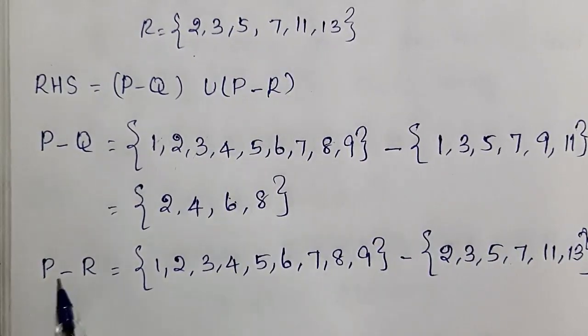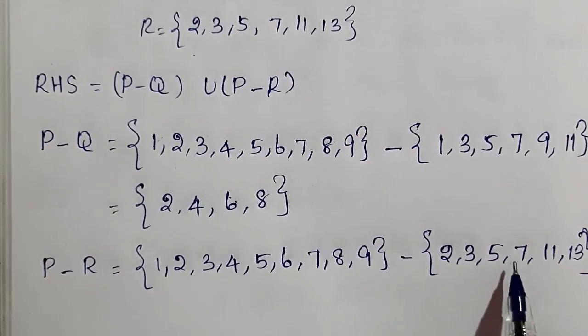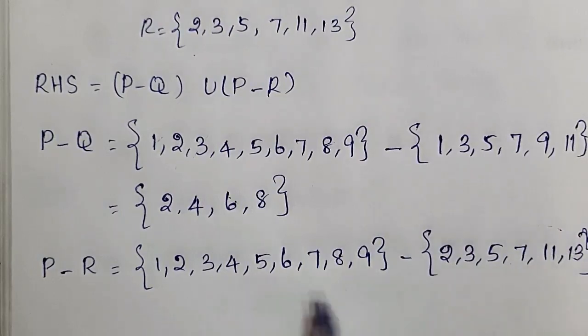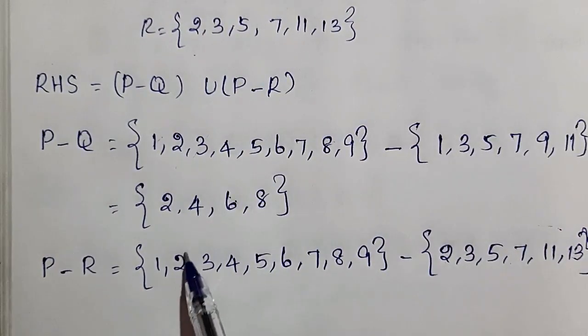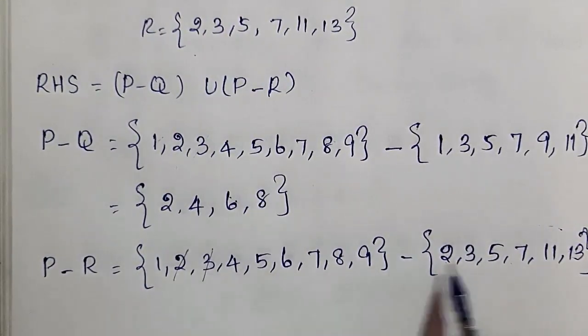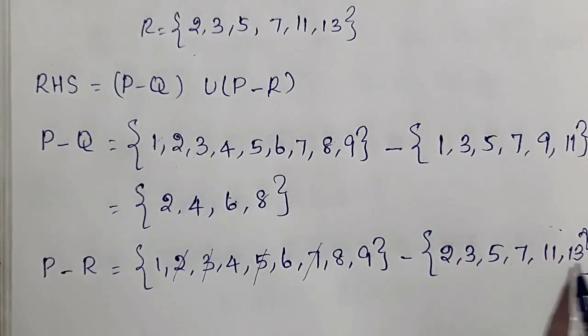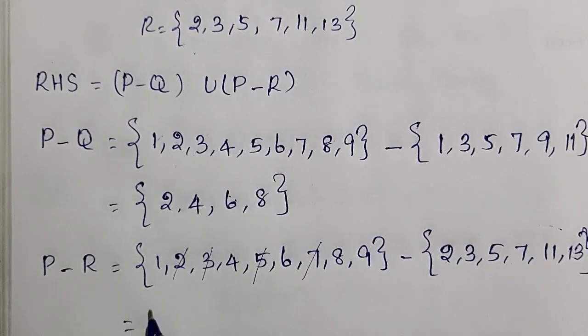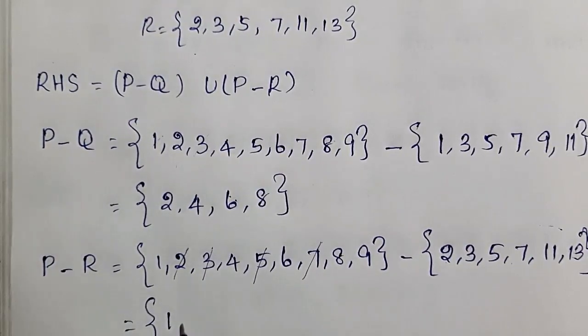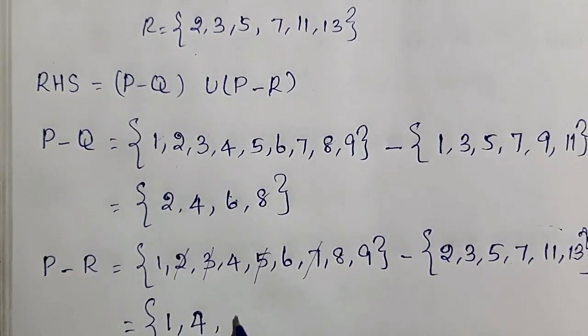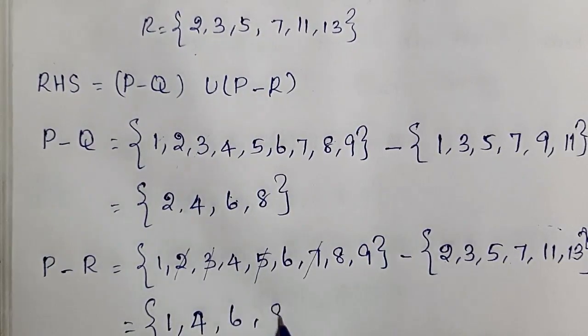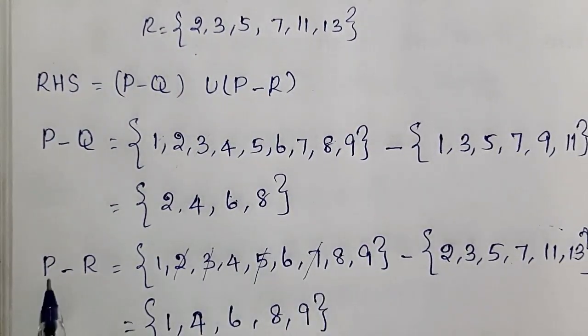So what is this difference operation? We have to remove the R elements from the P set. So 2, 3, 5, 7 are there, 11 and 13 are not here. So the remaining elements we write: 1, 4, 6, 8, 9. So that is P minus R.